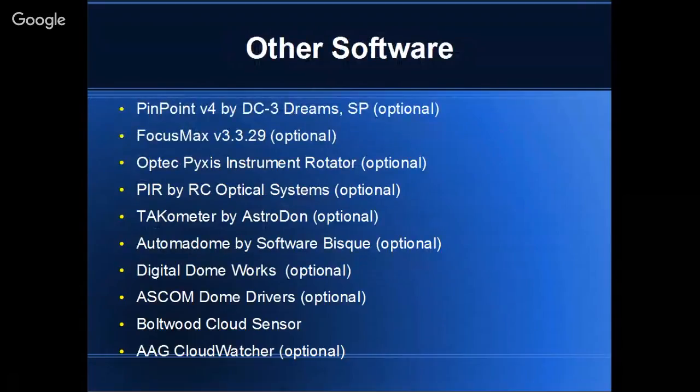Those are, you know, PinPoint, FocusMax, and basically you can run all these third-party software, for instance, the Boltwood cloud sensor, to pause your imaging session or close the dome, rotate your camera, these things.